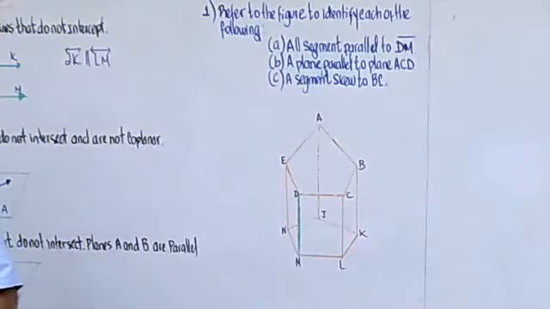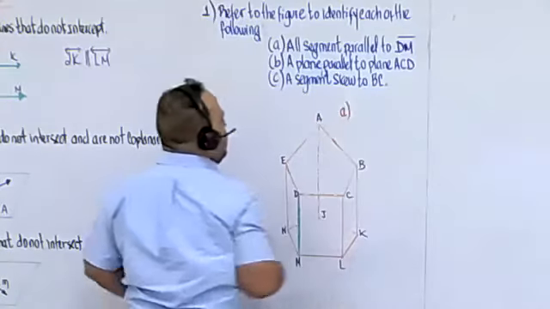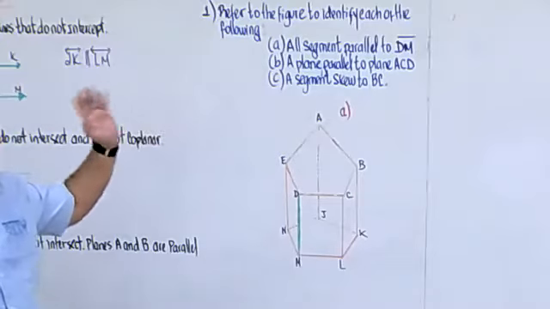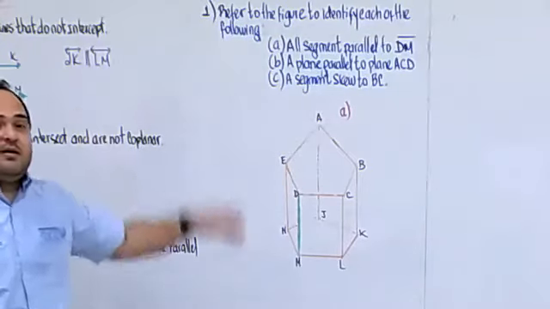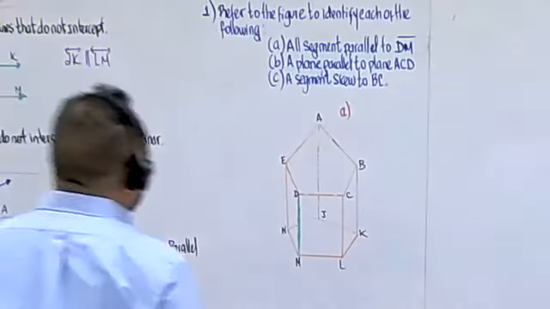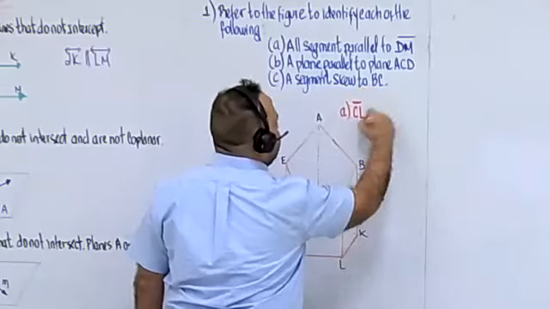Okay, guys, let's answer letter A. Would you like to tell me what segments are parallel to DM? I can see CL. This is going to be the first one, the segment CL, right? What else?